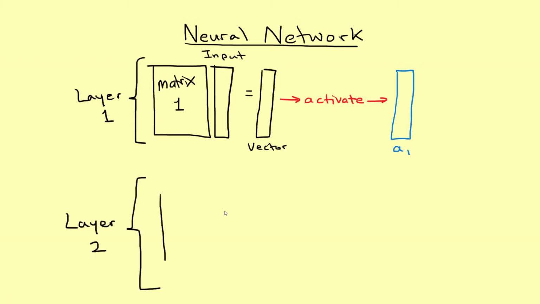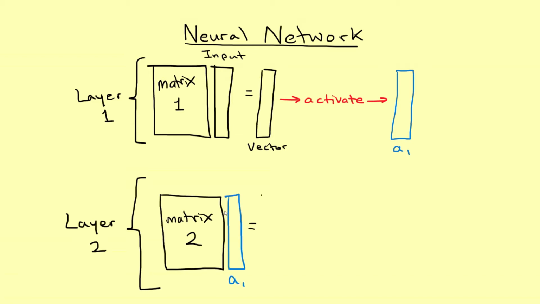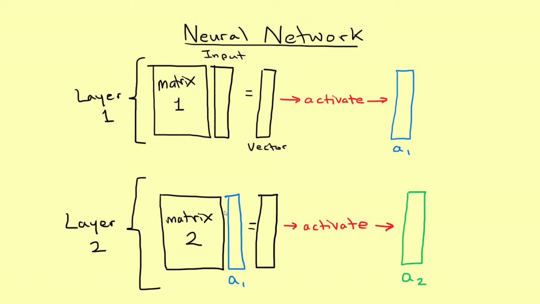Then multiply this activated vector by another matrix and repeat. You can do this as many times as you want. Each time you multiply by a matrix and apply the activation function, you get a layer, and the number of layers gives you the depth.